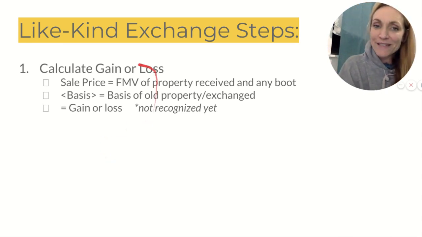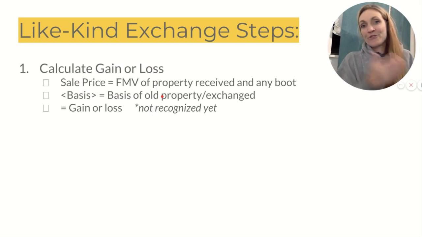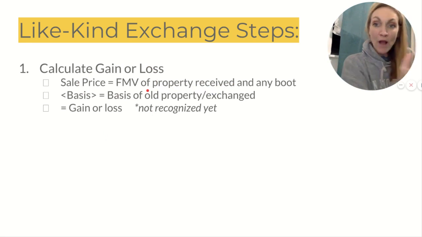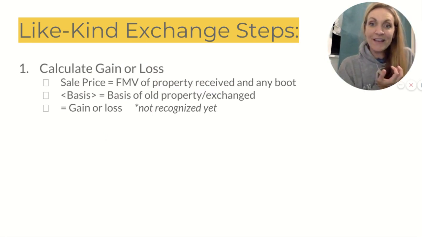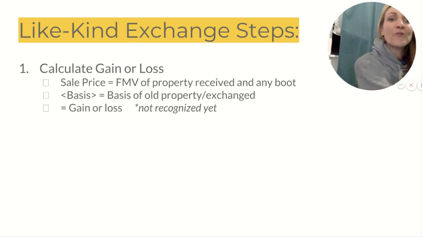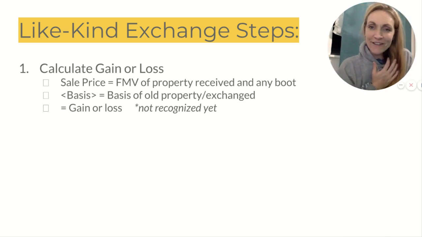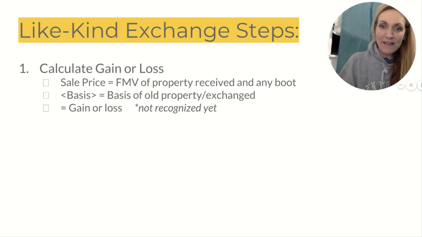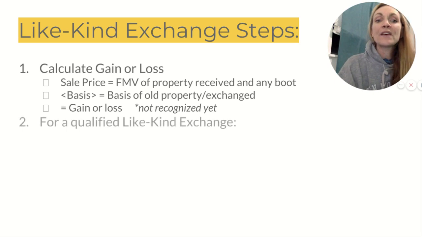It's a little bit different, but exactly what we were doing in Chapter 7. It's just that now we include the fair market value of the property we received and any boot we received. So the total value of everything we receive, just like before, the sale price, minus our basis equals gain or loss.